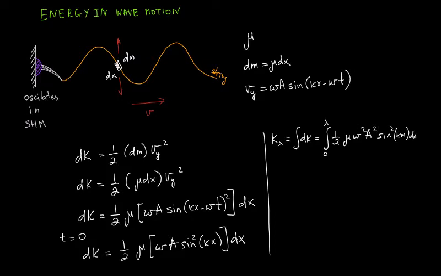Let's rewrite this in a nicer way. 1/2 mu omega squared A squared are constants, so they come out of the integral from 0 to lambda. So I have sine squared kx dx. Now we have to evaluate this integration.